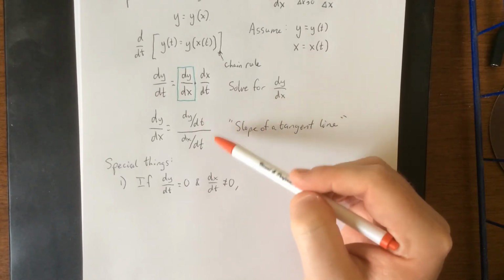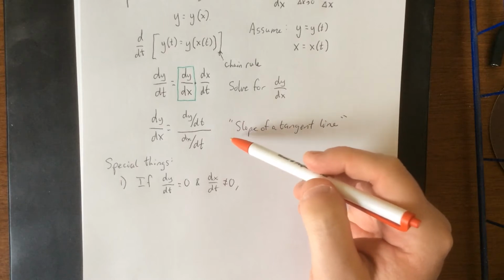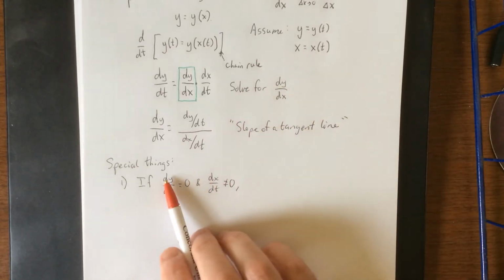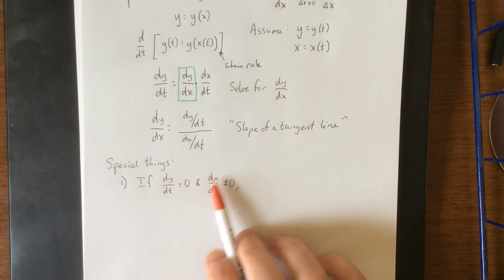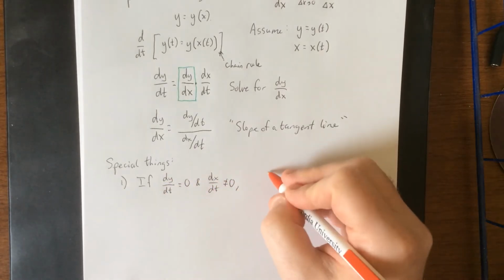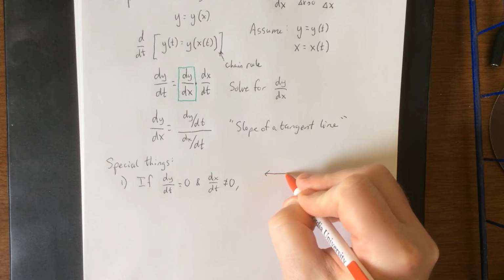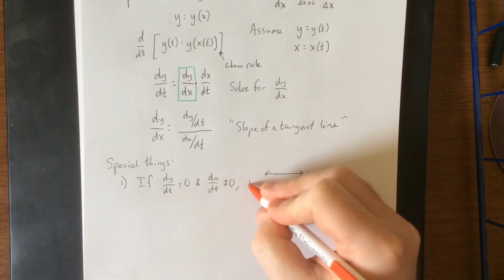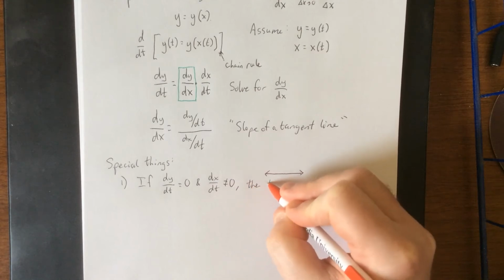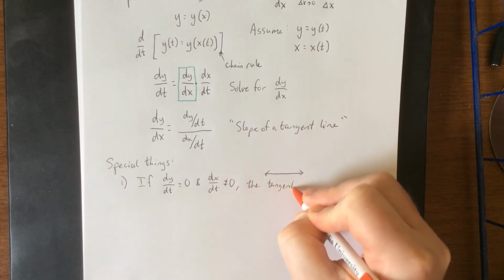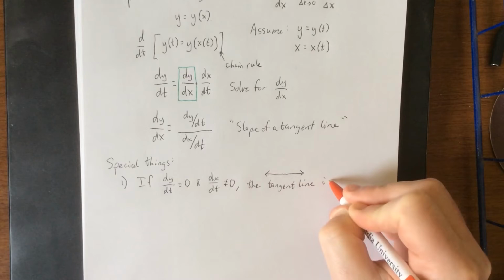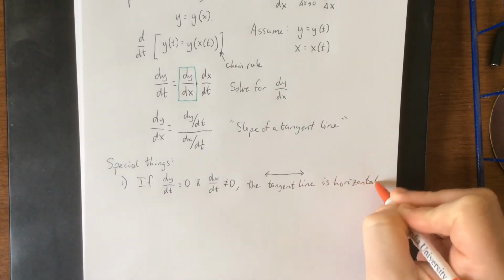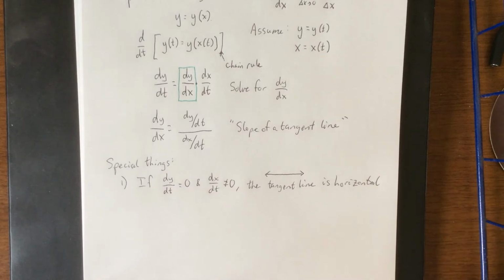Now that would give us a slope of a tangent line of a horizontal line. That would just be 0. However, we can also think of this as y is not changing while x is changing. Y is not changing while x is changing would be exactly a horizontal line. So we'll point out the tangent line is horizontal. Or you could simply say that the slope of the tangent line would be 0.